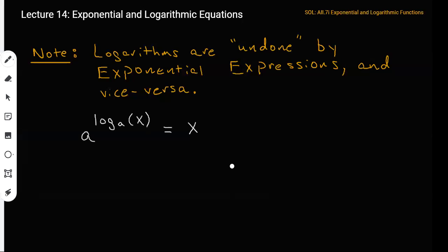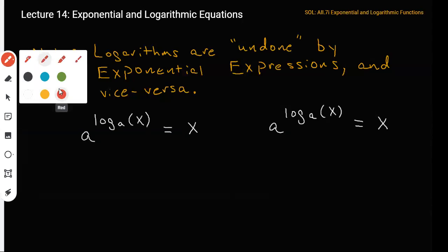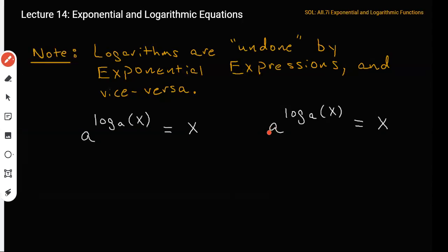So essentially, when you have the base being raised to a logarithm with the same base, the two bases are actually going to cancel out. So let me switch over to red. What this means is if I have a base down below, let's say it's A, and then I have a logarithm with the same base, they're going to cancel each other out, and I'm going to be left with the X.